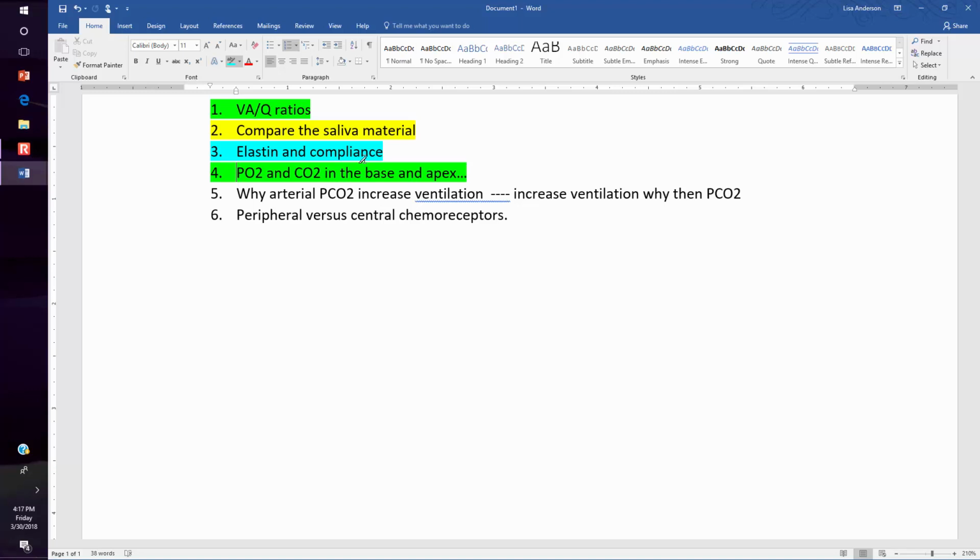Oh, okay, so we have two major categories. So the question was, what are the two major categories of diseases? Restrictive is a decrease in compliance, a difficulty in expanding the lungs. The second category is obstructive. Obstructive is high airway resistance.